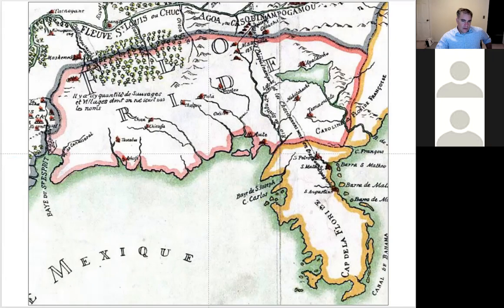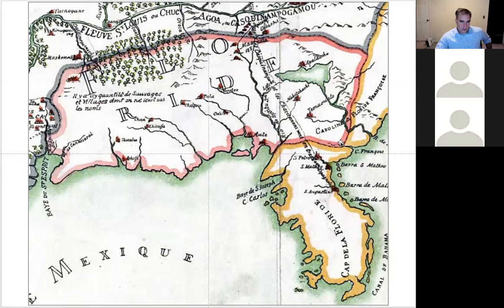And you'll notice that the Florida Peninsula is actually referred to as the Cape of Florida. So in other words, this is considered a region sort of peripheral to what is really Florida, which is up here in the southern coastal plain, the Gulf coastal plain, which would be mostly Mississippi, Alabama, and Georgia.